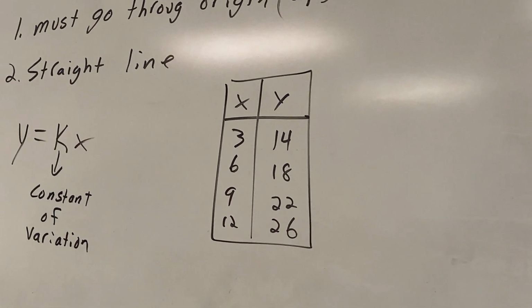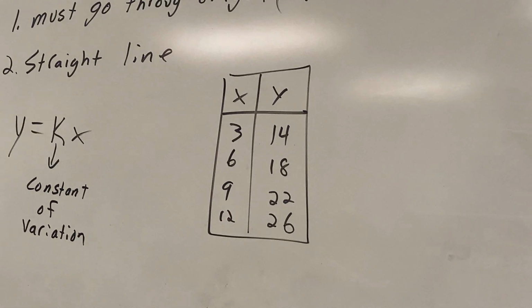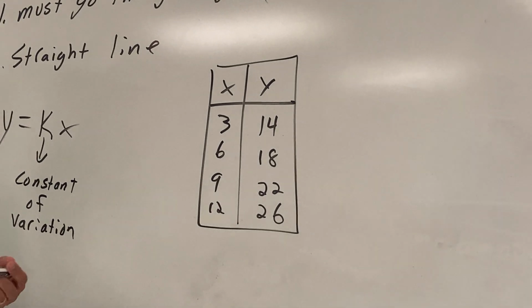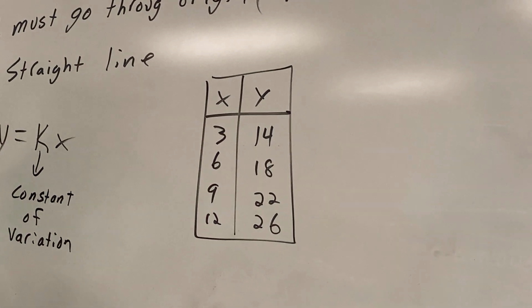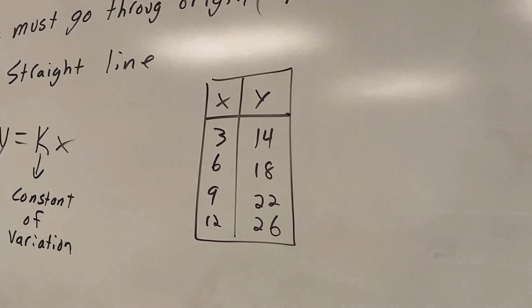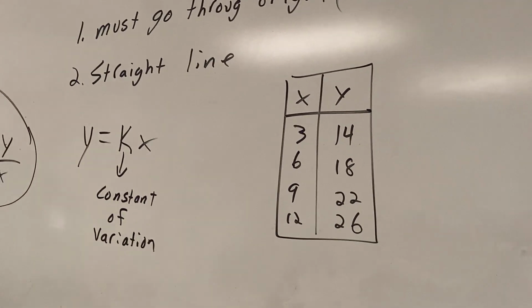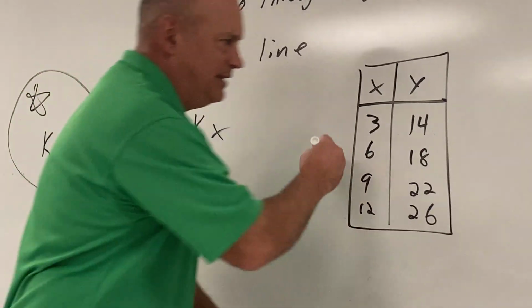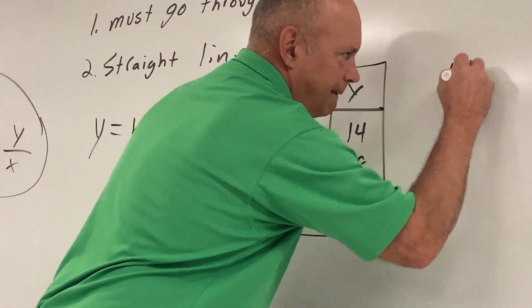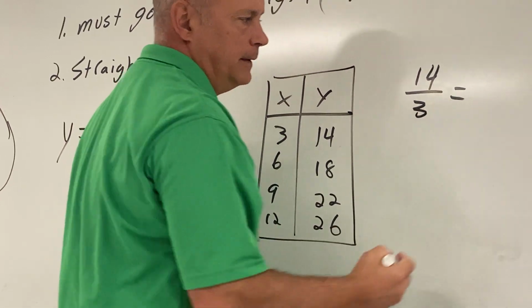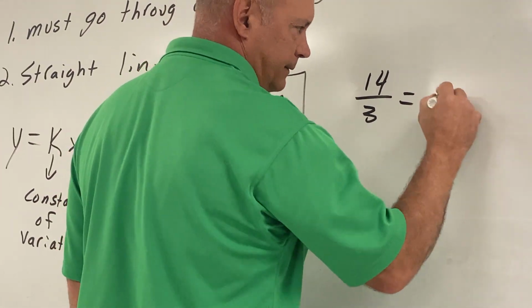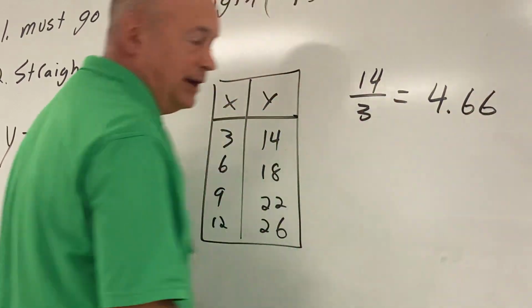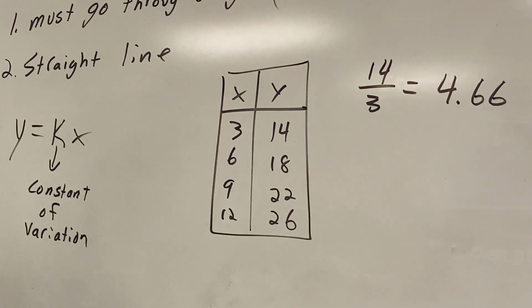Somebody raise your hand and tell me how we can quickly come up with a yes it is, no it is not. Tucker. Do y divided by x. My man. Y divided by x. Let's go. What's 14 divided by 3? 4.6 repeating. All right, as long as we get 4.6 every time, we're good to go.